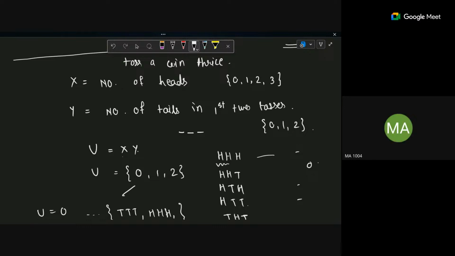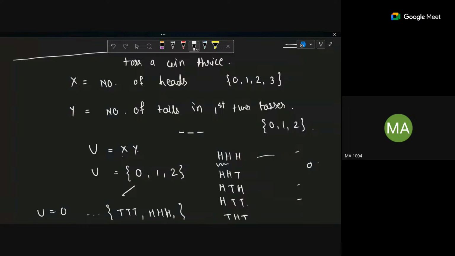You can multiply 0 with 0, 1 with 1 gives 1, and 2 and 2 gives 4. But if X is taking value 2, is there a chance that Y also takes value 2?